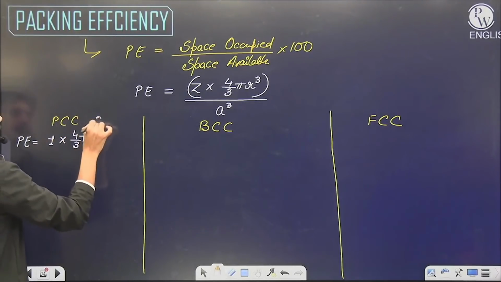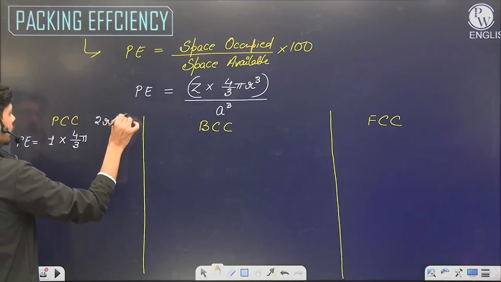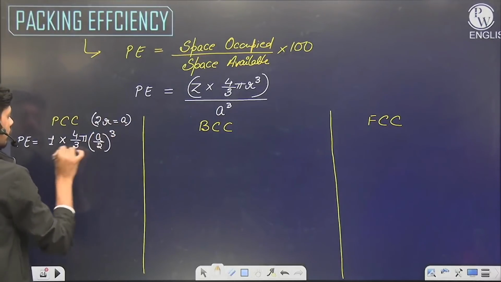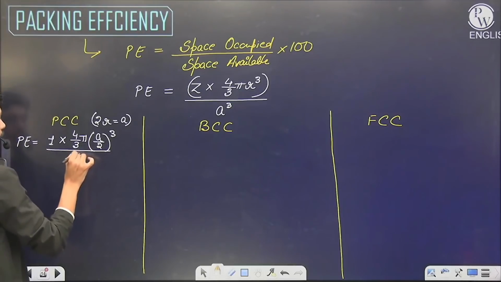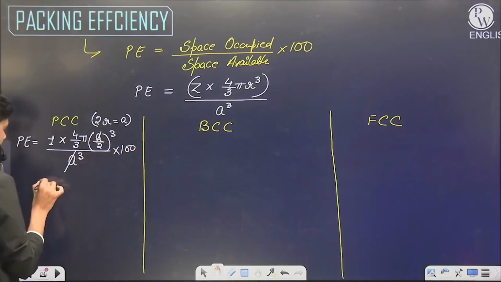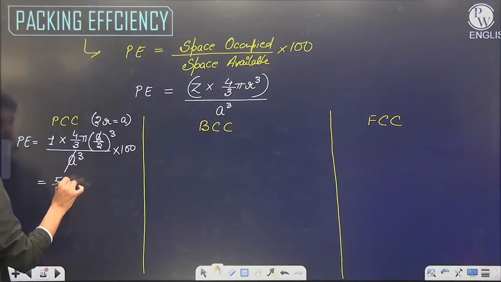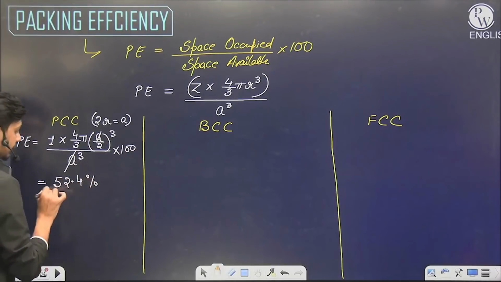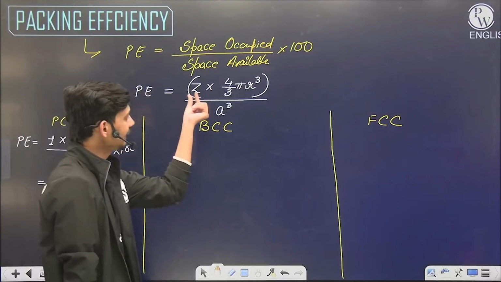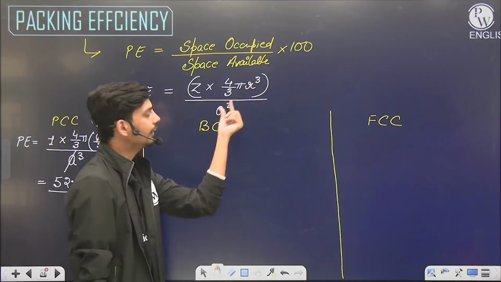The PCC relation is 2r is equal to a, so r can be written as a by 2, whole cube, divided by a cube. So a cube will be cancelled out. And on solving this, we will get 52.4%. This is the packing efficiency of PCC. I have just used the Z and the radius relation to cancel out r and a.